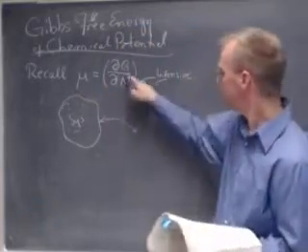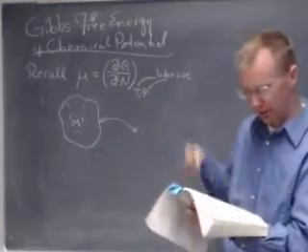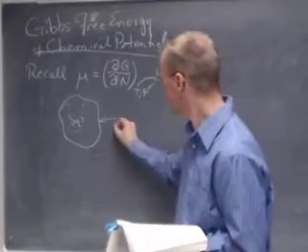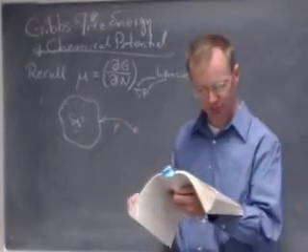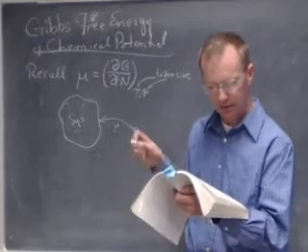Bring a particle in, increase its Gibbs free energy by mu, bring another one in, and so on. Mu is how much Gibbs free energy each one brings in.